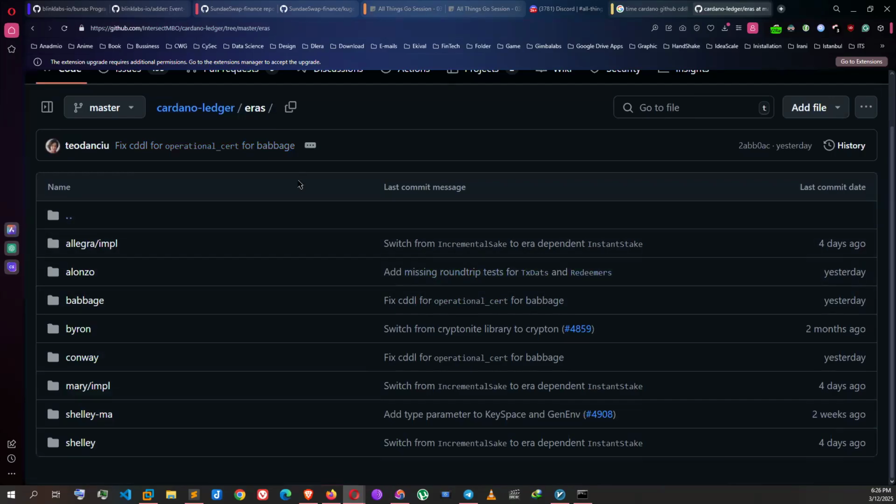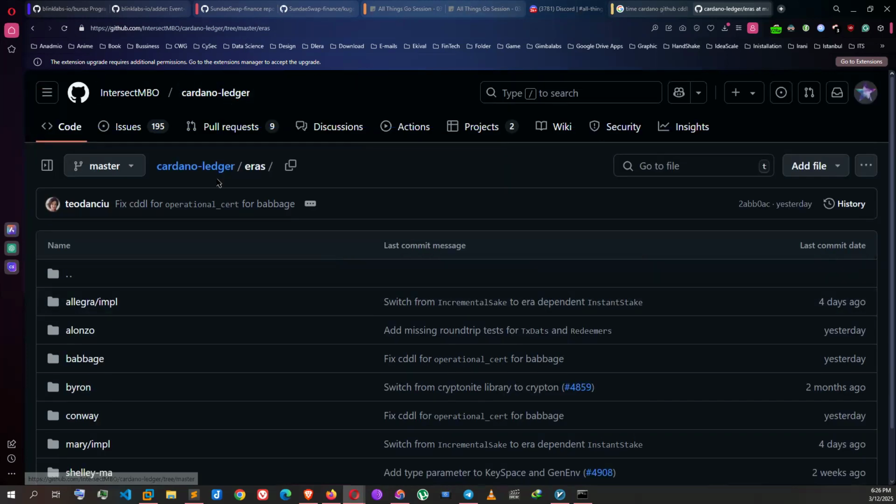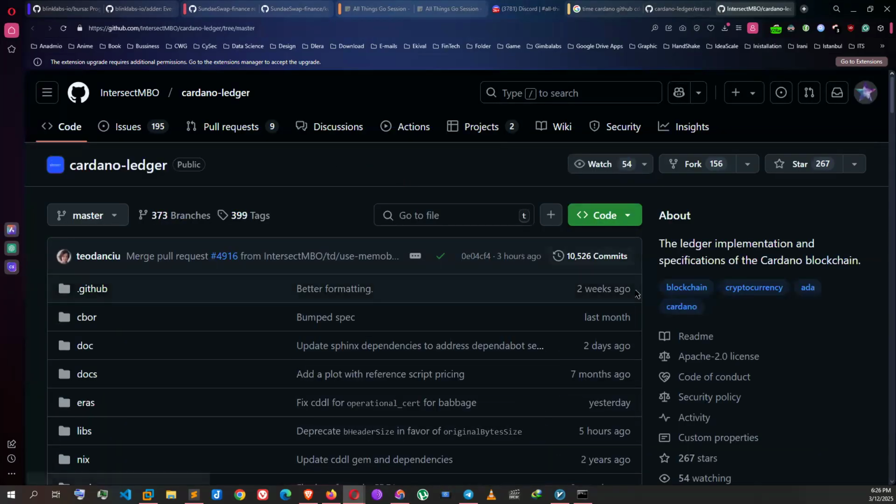But before starting, what is an era? I can say that an era refers to big changes to the nodes, aka a hard fork, or maybe several hard forks. But as far as I know, maybe you can correct me, each era starts and finishes with a hard fork. By a hard fork, I mean that we have a Cardano node or Cardano ledger with a set of rules and code, and it's like a release.